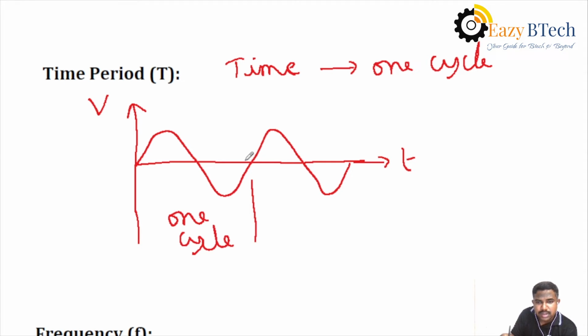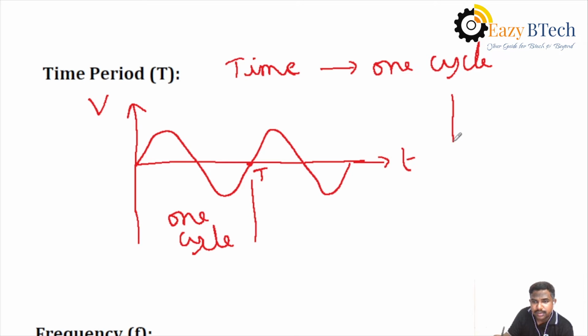That means here we take the time as capital T. That is the time taken to complete one cycle, and that is the time period of the given waveform. After that, the same waveform will be repeated. Then that is called the periodic waveform.